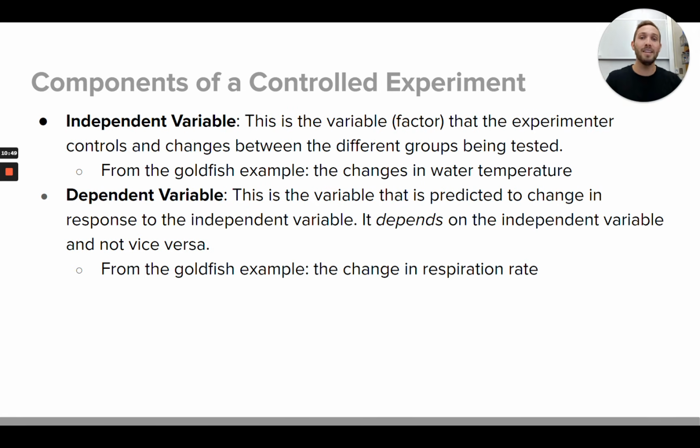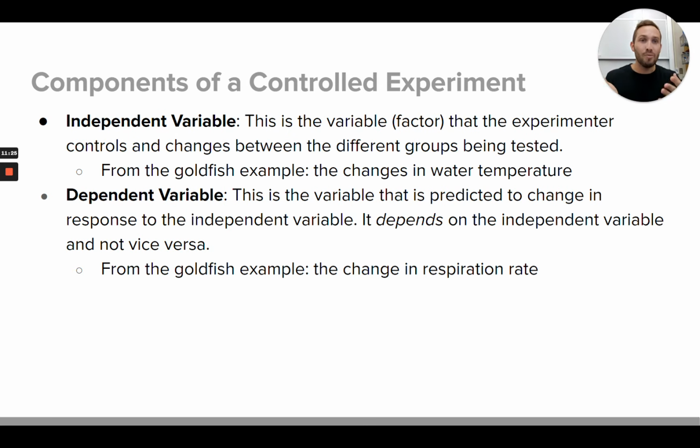The dependent variable is the variable that I'm predicting is going to change in response to the independent variable. So the independent variable is the water temperature changing, and I'm thinking that their respiration rate is going to change because of that. That's what I'm going to see to find out. So the dependent variable in my fish example would be how much the respiration rate is changing, because I'm thinking that the fish's respiration rate is going to depend on how much the water temperature was changing, which I did on purpose.